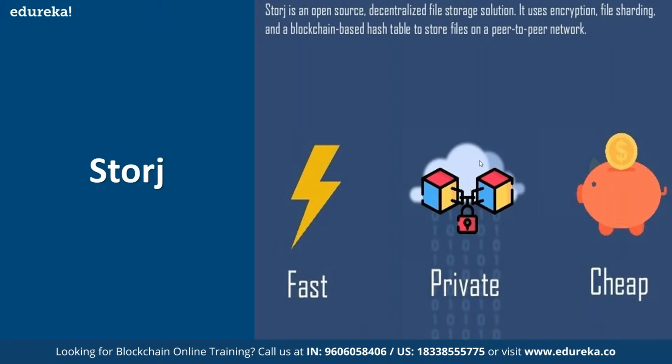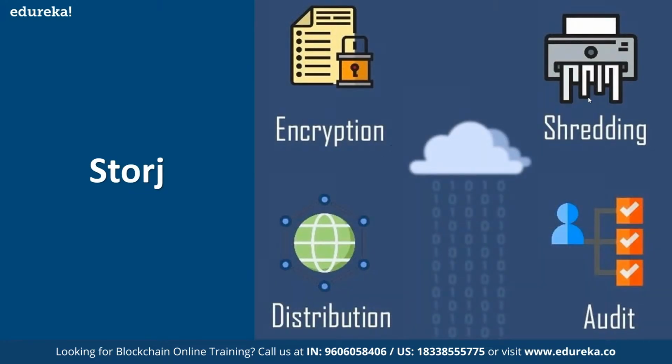As a result, the data will be private and no one can access it because of the sharding, and it's relatively fast because it is on the P2P network, and relatively cheap. Yes, you can shred the data. It has amazing encryption, the data is distributed, and you can also perform audits. So these are some of the key benefits of StoreJ.